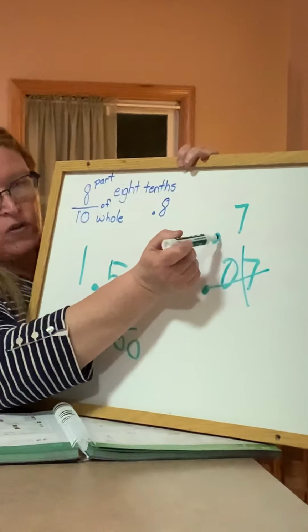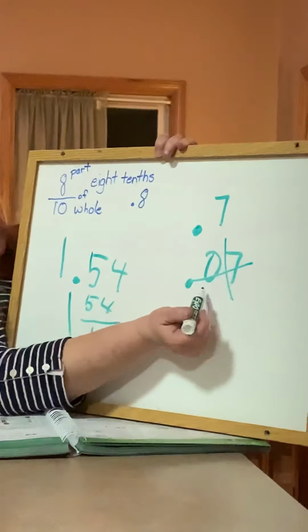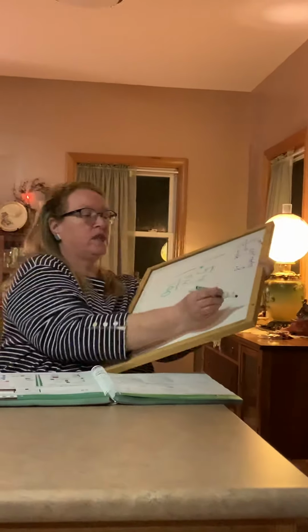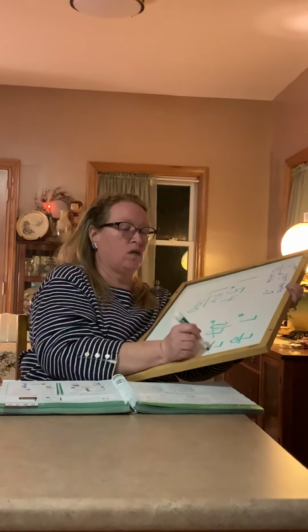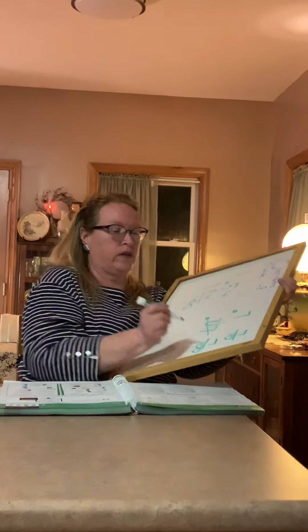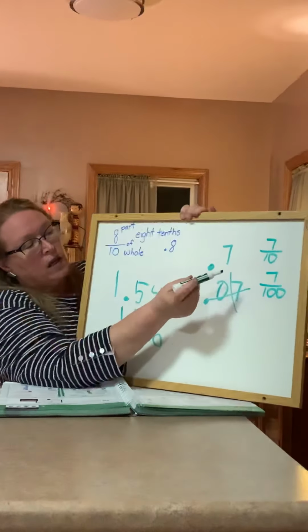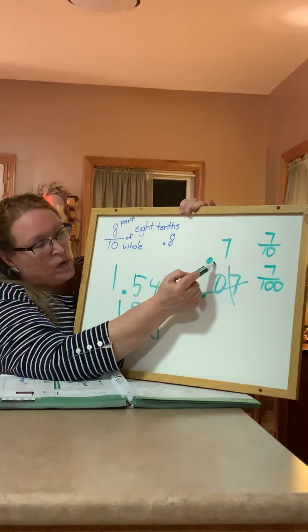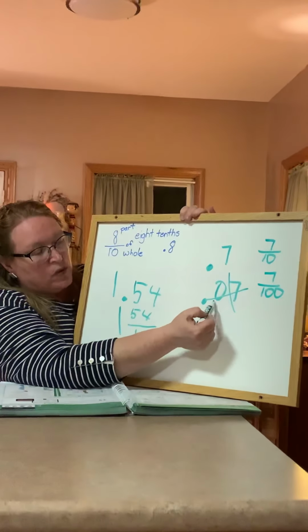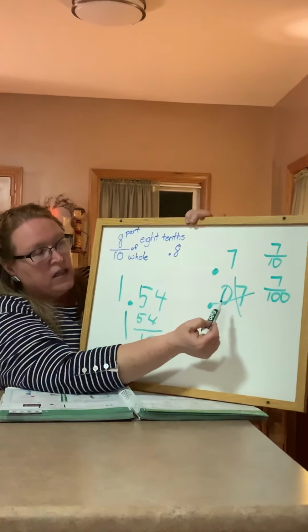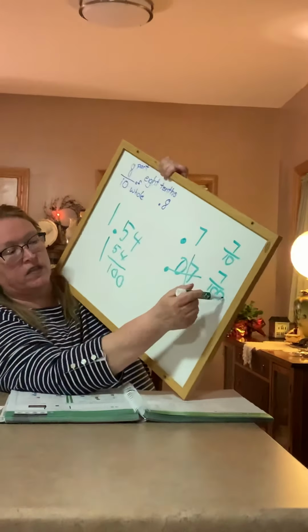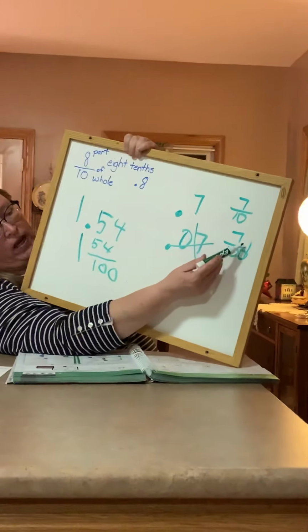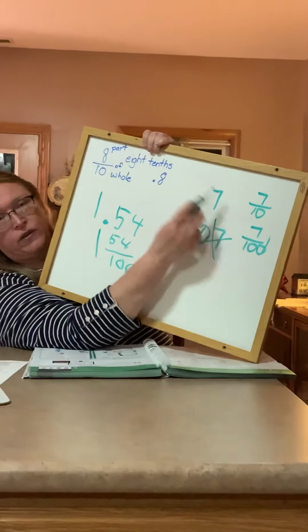There is nothing between the decimal and the 7. Here, this is 7 over 10, and this is 7 over 100. The 0 is in between the decimal and the 7 here. So if I tried to do that little thing I just showed you and mark off a 0, there is no 0 on that 7 to take away. So these are two quite different numbers.